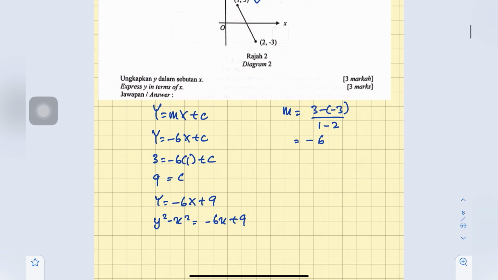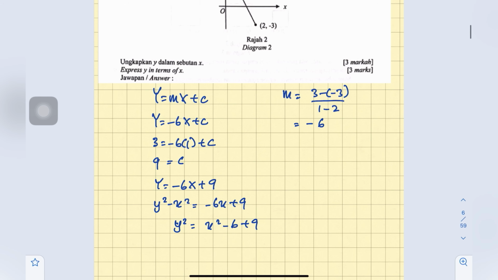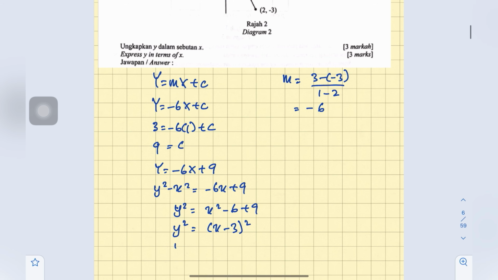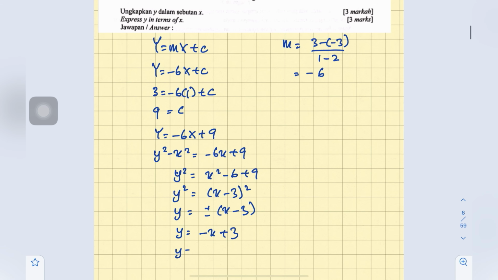Okay, so we simplify, become y squared equals to x squared minus 6x plus 9. Okay, so this one kita boleh factorize and become x minus 3 squared. Okay, so then y we square root become plus minus x minus 3. Okay, so then y equals to negative x plus 3 and y equals to x minus 3.